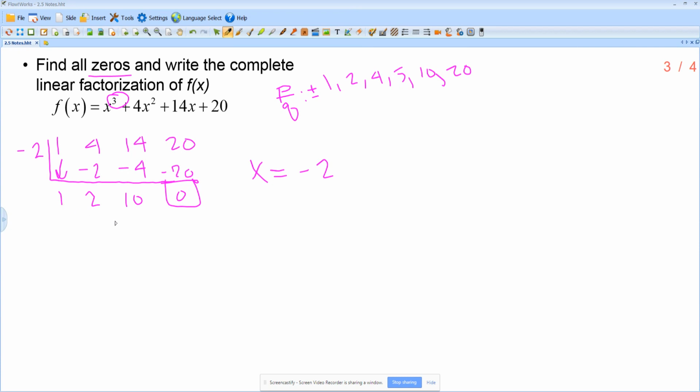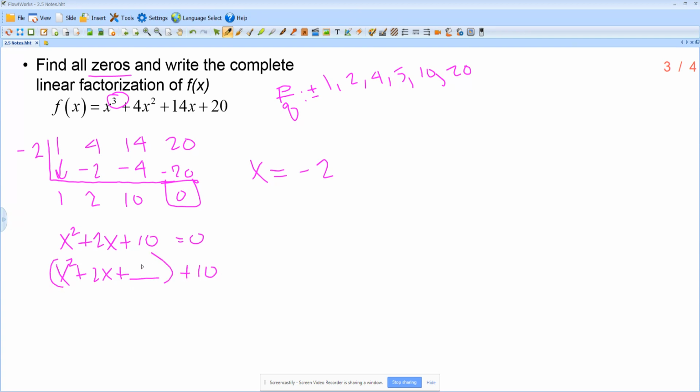So looking at what I have left over, this is x squared plus 2x plus 10, and I'm looking for when it is equal to 0. Now, this is not factorable. So what I'm going to have to do is complete the square. I can now because it's a quadratic. So I'll have x squared plus 2x plus blank plus 10.